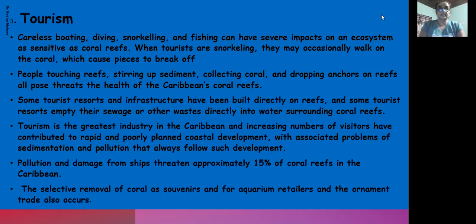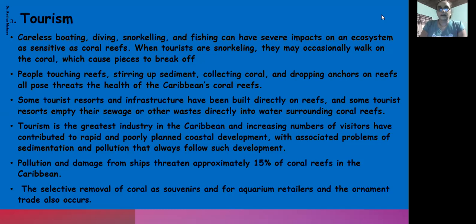Tourism is the greatest industry in the Caribbean, and increasing numbers of visitors have contributed to rapid and poorly planned coastal development. So every so often you would see in different countries where they are building all these resorts on the coast because they want direct access to beaches, or they want private beaches, or all the beachfront property that you see.